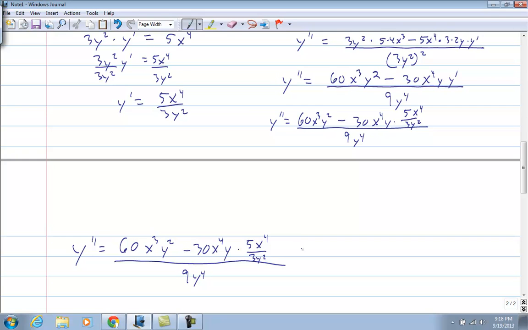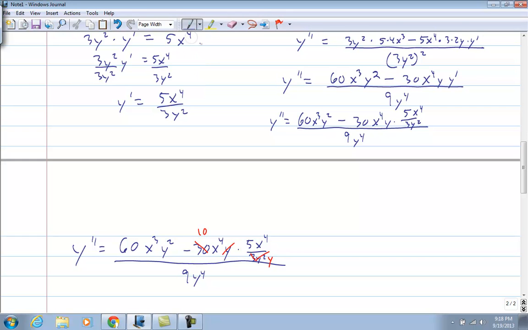Now I'm going to multiply everything by 3y squared, just to clear that, well, maybe not 3y squared. Let's look at that. I can probably reduce this a little bit. So the 3 can divide out with the 30, leaves a 10. The y squared divides out with the y, leaves a y down below.